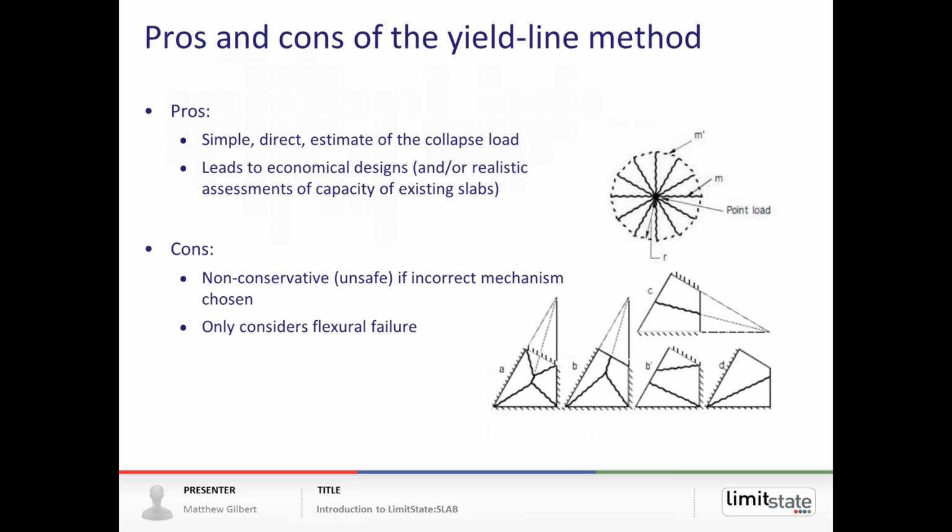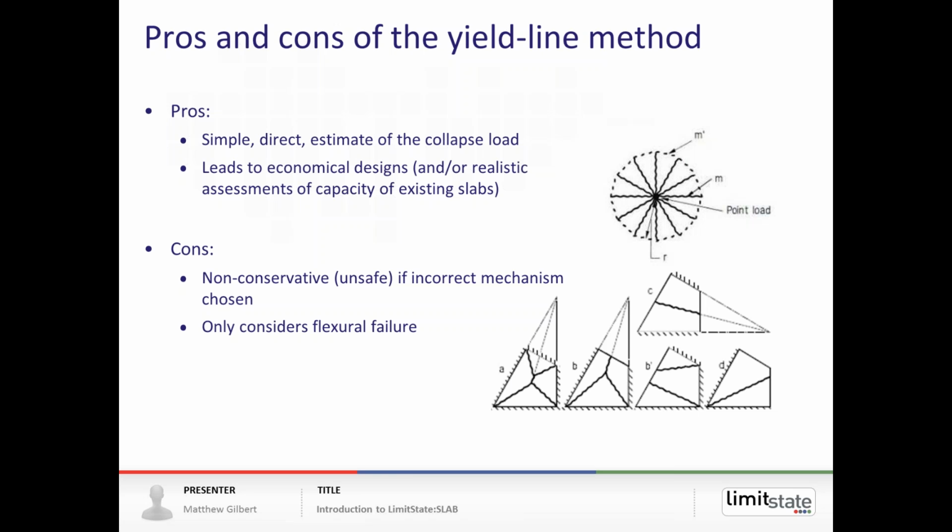Advantages of the method are that it's a direct and relatively rapid means of estimating the collapse load, and in terms of economics, you get economical designs and realistic assessments of the capacity of existing slabs, at least compared with elastic methods.